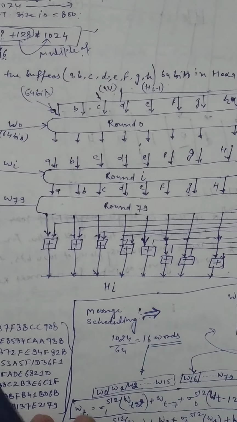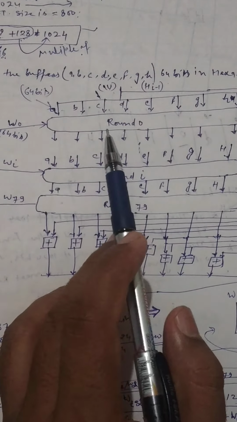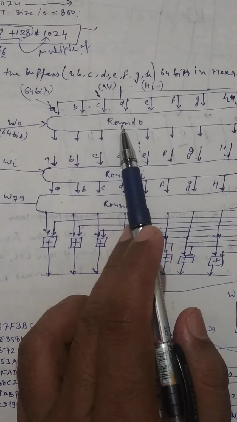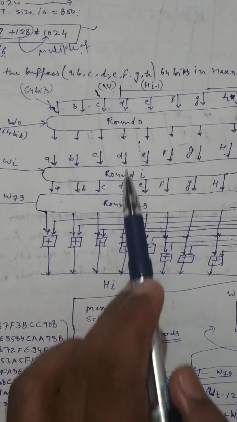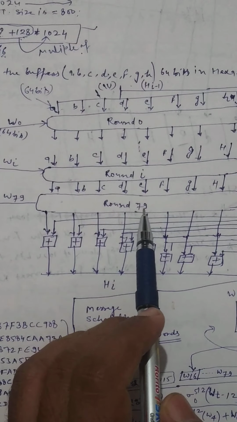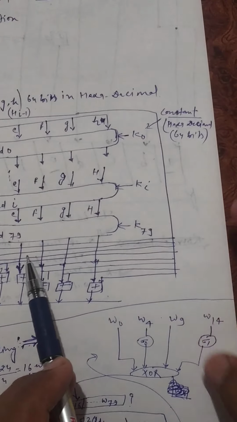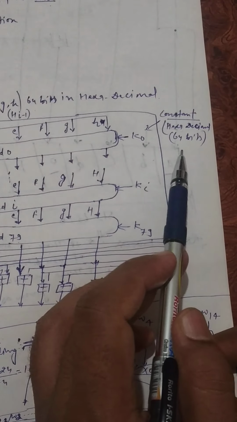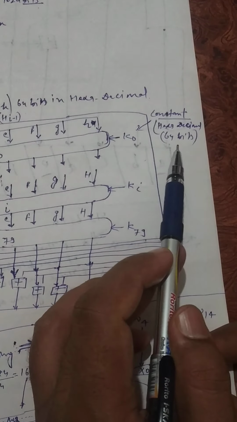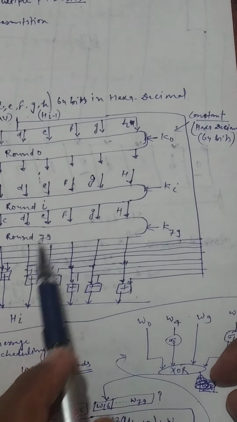There are 80 rounds, starting from round 0, then round 1, 2, 3, 4 up to round 79. So 0 to 79, a total of 80 rounds. There is also a constant value, a hexadecimal value, and it will contain 64 bits.